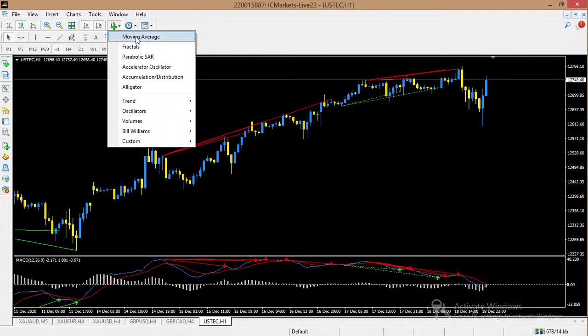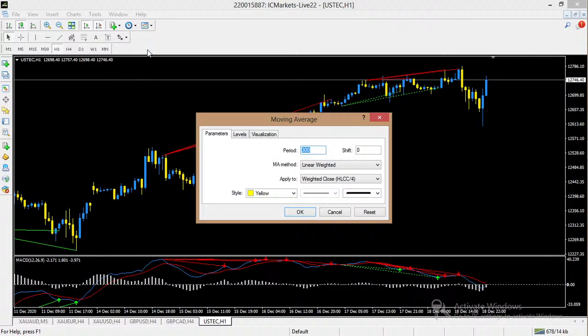Then you click moving average. Then at first you set the 300 linear weighted moving average.